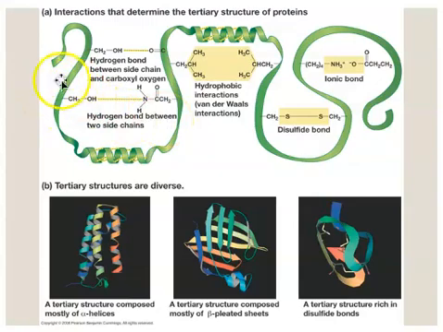There's an amino acid over here that has an R group, a functional group, that has a hydrogen in it. Over here in another spot on the chain, there's an amino acid that has a nitrogen in it. The nitrogen, which is going to be partially negative, and the hydrogen, which is going to be partially positive, are attracted to each other, and they'll be hydrogen bonded together.